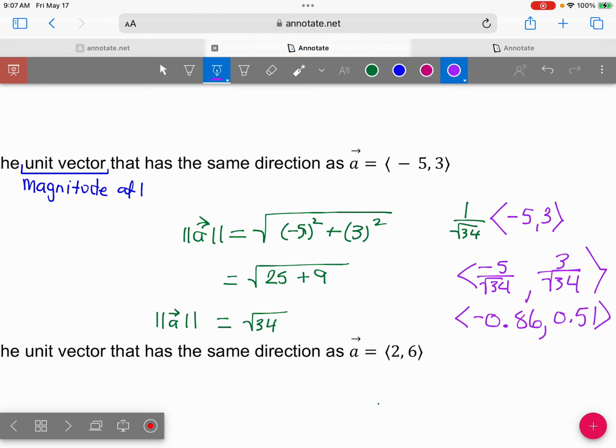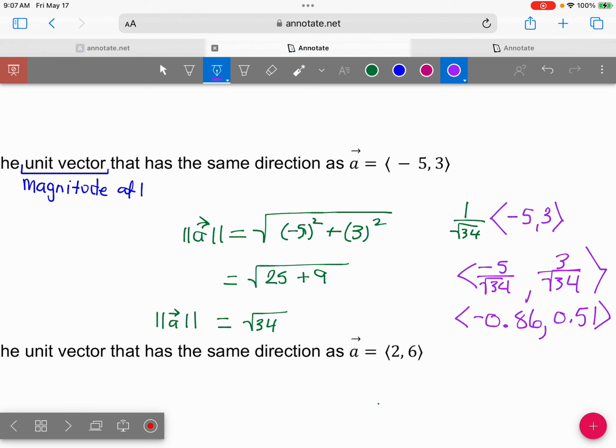And then if you went and found the magnitude of that, it would still have a magnitude of 1 because it is a unit vector. We took our total vector and divided it by the magnitude. That's how we create a unit vector that goes in the same direction. Why we need a unit vector that goes in the same direction, I have no idea.